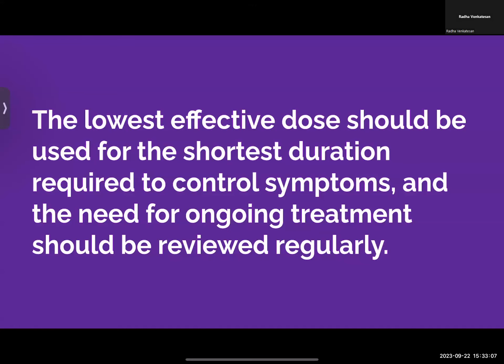So this is like a nutshell slide on how you can use NSAIDs. The lowest effective dose should be used for the shortest duration required to control symptoms, and the need for ongoing treatment should be reviewed regularly.